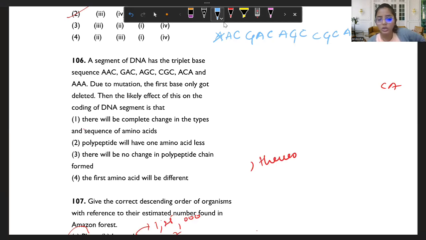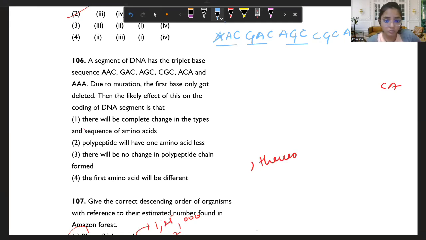Yes, that is true. All these are the nitrogen bases and nucleotides according to the triplet.